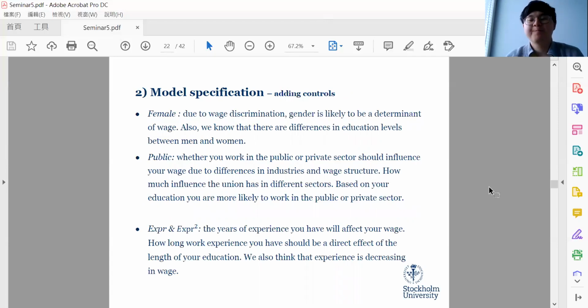So for example, in this case, we propose three omitted variables.